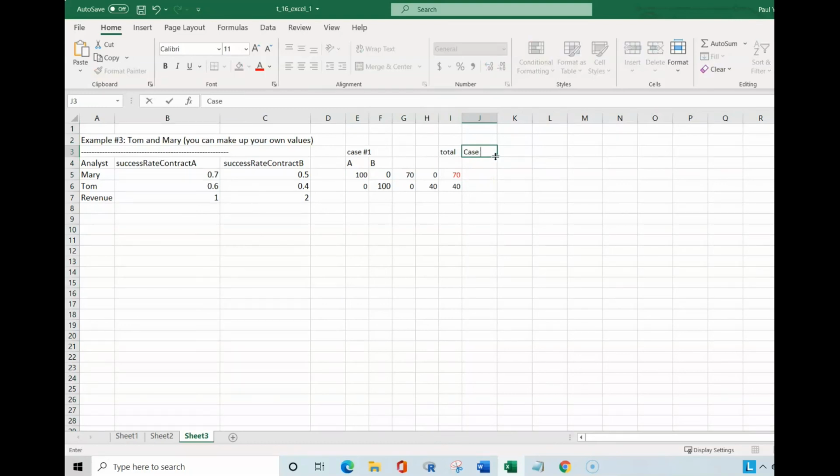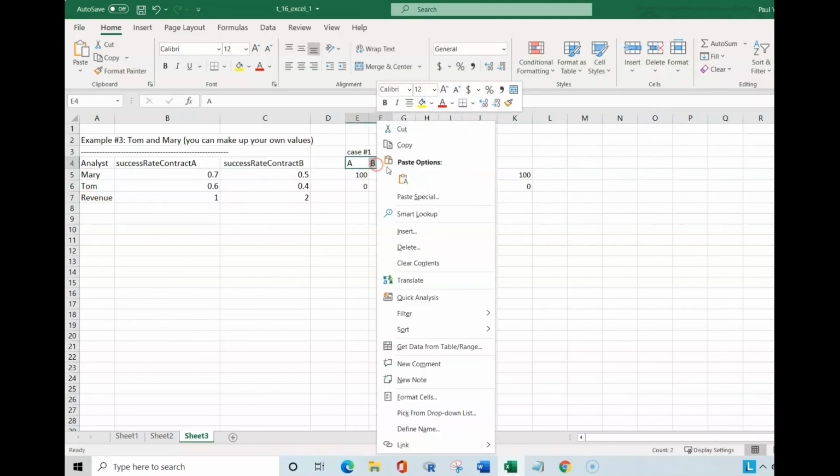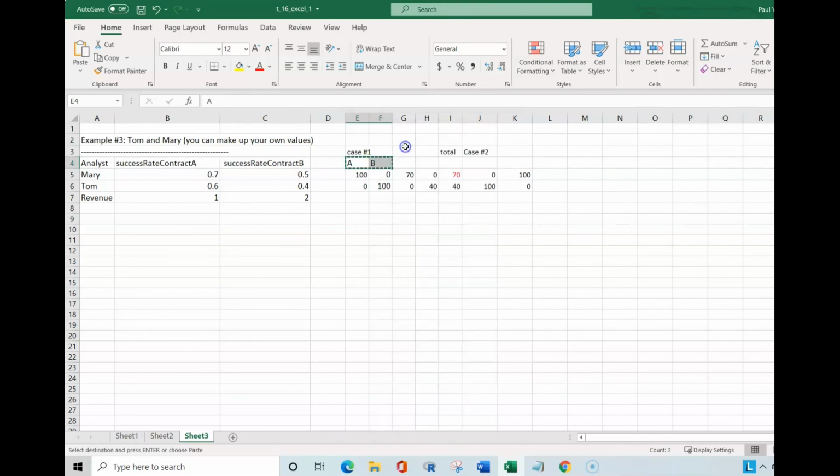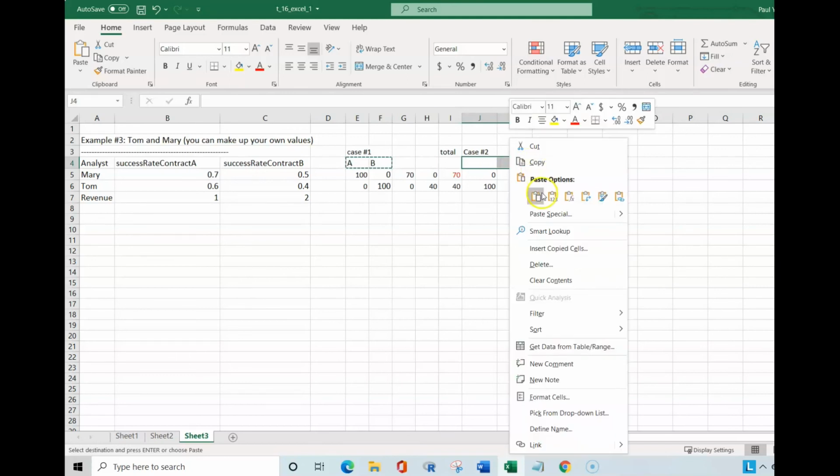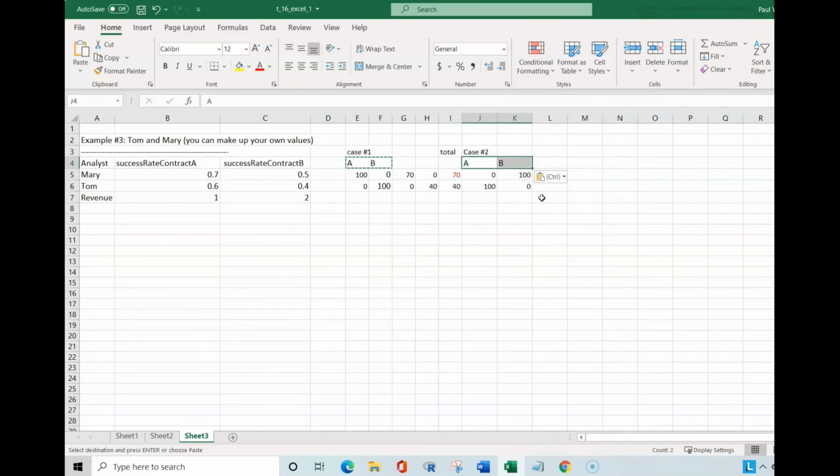So let's look at case number 2. Case number 2 is just opposite. For Mary, type A is 0, type B is 100. Let's switch: 100 type B for Mary and 100 type A for Tom.